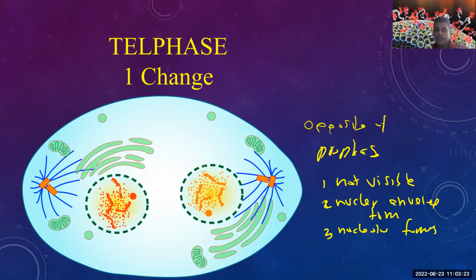So I think if you familiarize yourself with the names, go read these names again and again, telophase, anaphase, like that. If you read many times, you will remember. Systematically, like 5 changes happen, and the opposite of that in prophase.